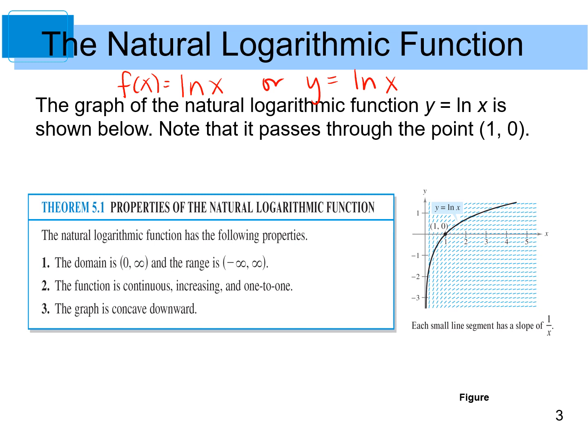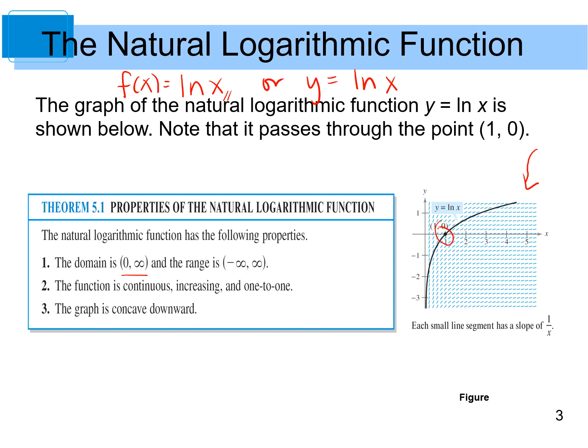Now, its graph is shown here, and note that it passes through the point (1, 0). Given are some of the properties of the natural logarithmic function. First is that its domain is 0 to positive infinity. That is, you can substitute any value to x as long as it's within the interval 0 to positive infinity.